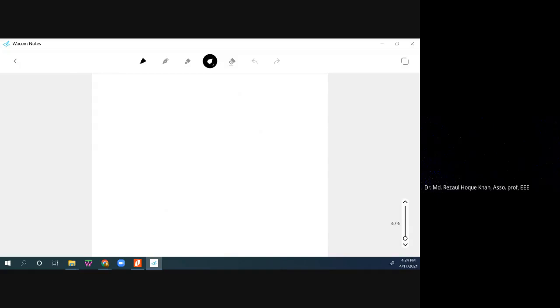Now how do we transmit this signal? We transmit the digitally modulated signal, or bits, whatever, using a pulse.